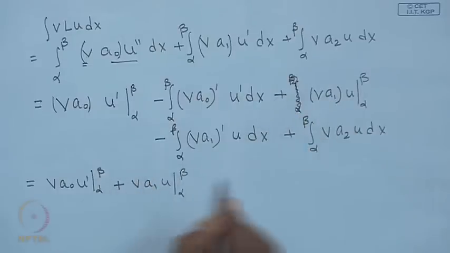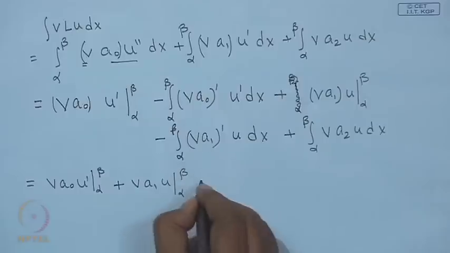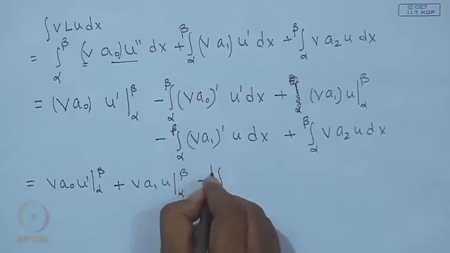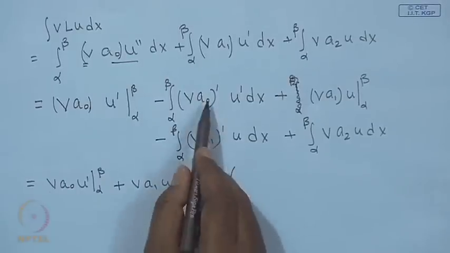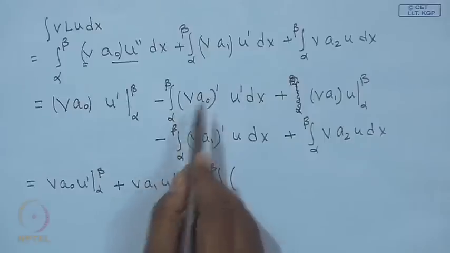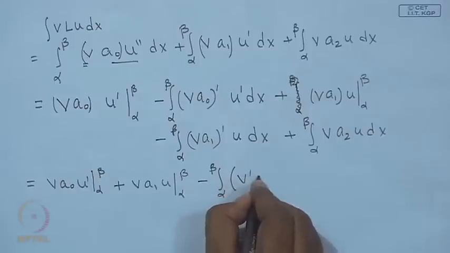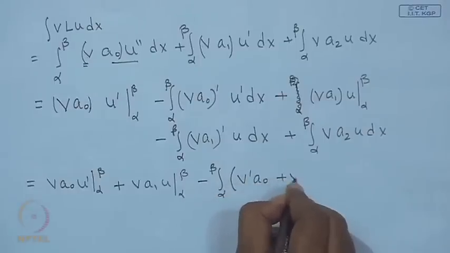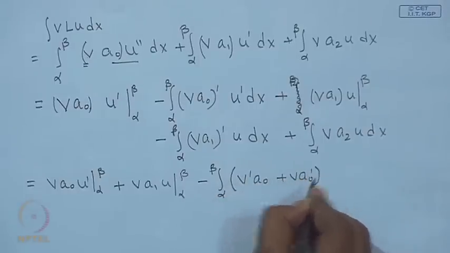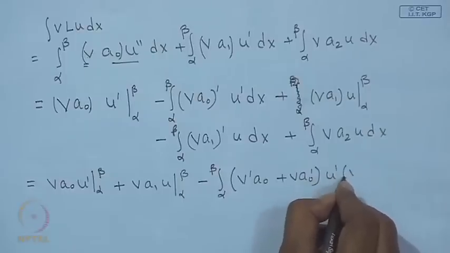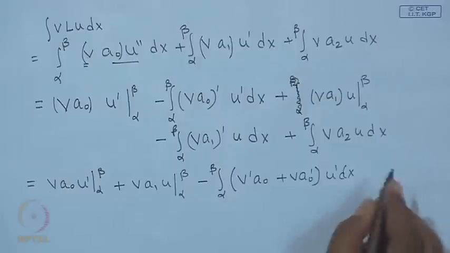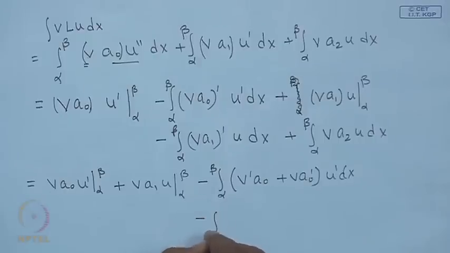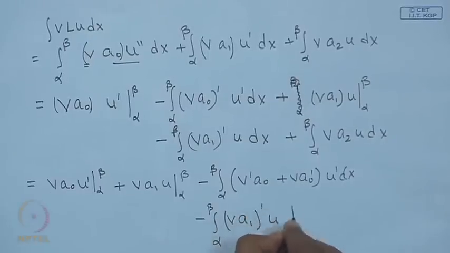So, it will be plus, and now I am just writing it as alpha to beta, just open up this differentiation, it will be v prime a0 plus v a0 prime u prime dx minus integration alpha to beta v a 1 prime of that u times dx.